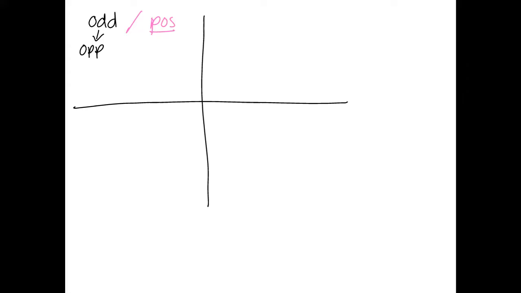So because it's positive, that means that the right has to go upwards. And then because these have to be opposite directions, the left has to go opposite way, so it's going to go down. So that's going to be something like this. The right goes up, the left goes down. That's an odd positive.